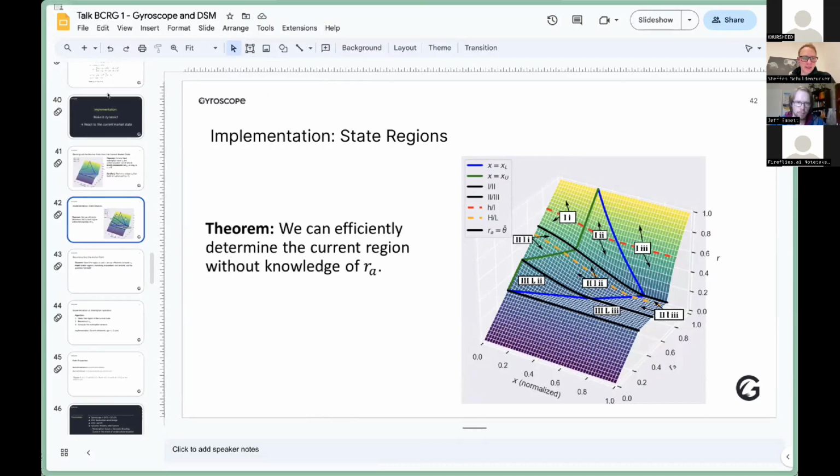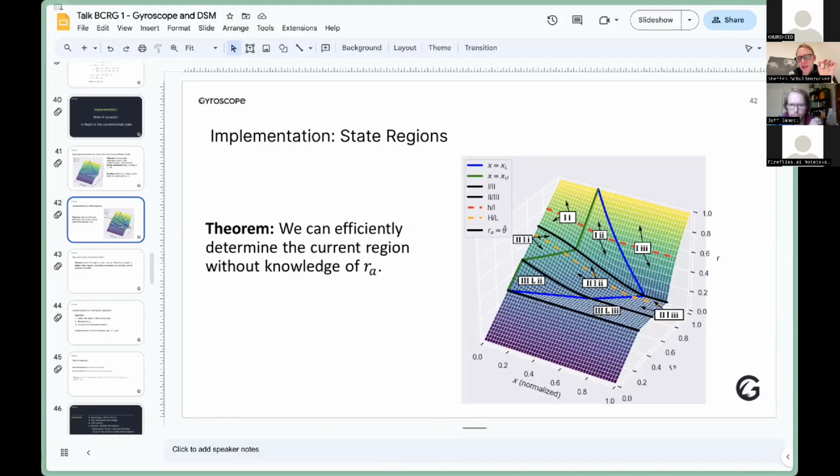This is just stated as a theorem here. If you want some intuition for why this would possibly be true, the idea is that you have some boundary lines which are marked here. These are anchor reserve ratios where we are exactly at the threshold between these regions, and they are very easy to compute.